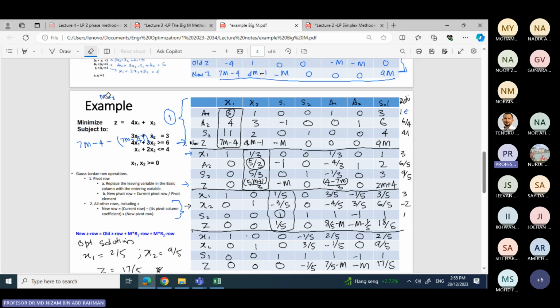Okay, next. I want to go through this because there's a calculation that involves m, so that you know how it's being done. Next.